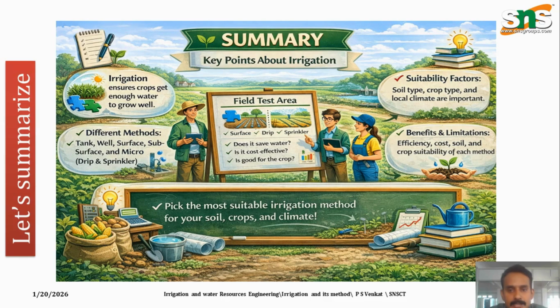The various factors such as soil type, crop type and climate are considered, and the benefits and limitations were also studied based on the efficiency, cost, and soil and crop suitability of each method.